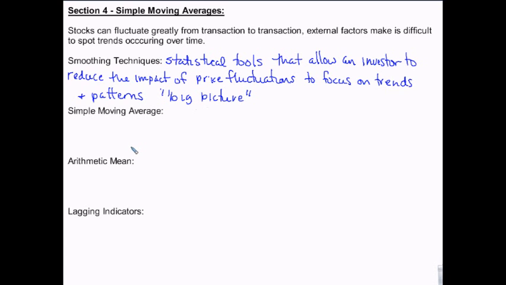This gives you the big picture, so you can see the big picture of what's actually happening instead of all the little jaggedy details that are very hard to follow. Okay, the simple moving average is one smoothing technique, and it's a pretty popular smoothing technique.